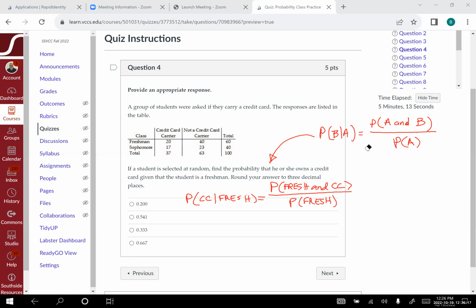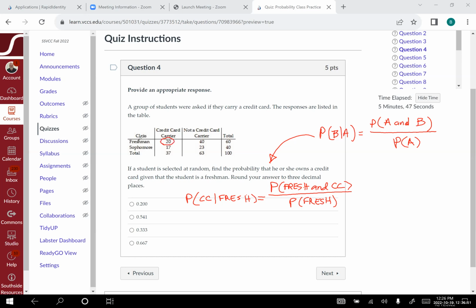So anyway, the first number we need to find in our table is the probability of a student being a freshman and having a credit card. How many students are both a freshman and have a credit card? Would it be 80 students? Well, it's freshman and a credit card. Okay, so then 20? Yes, it's 20.